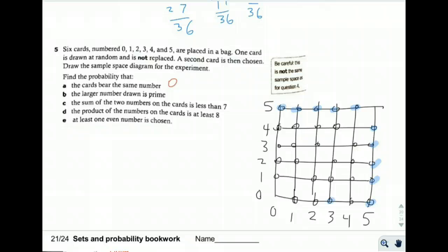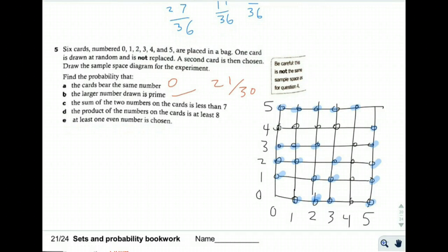If 3 is drawn, it would be fine, as long as the 3 is the bigger number. 3, 4, you can't have that. 4, 3, you can't have that. If 2 is drawn, that would be fine. And if 1 is drawn, that would be fine, as long as they consider 1 a prime number too. So that would be 1, 2, 3, 4, 5, 6, 7, 8, 9, 10, 11, 12, 13, 14, 15, 16, 17, 18, 19, 20, 21. That would be 21 out of 30.